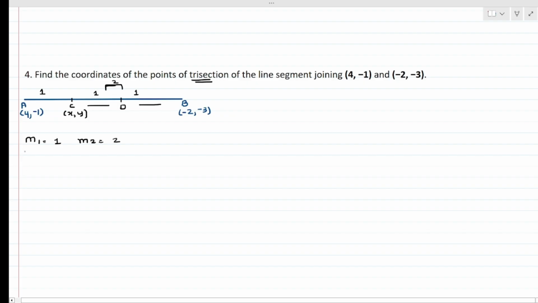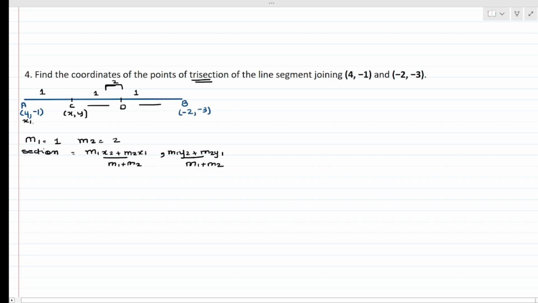So by applying the section formula, what is my section formula? Section formula is M1x2 plus M2x1 upon M1 plus M2. Whereas for Y, you will write M1y2 plus M2y1 upon M1 plus M2. Now write down what are the things which we are given.